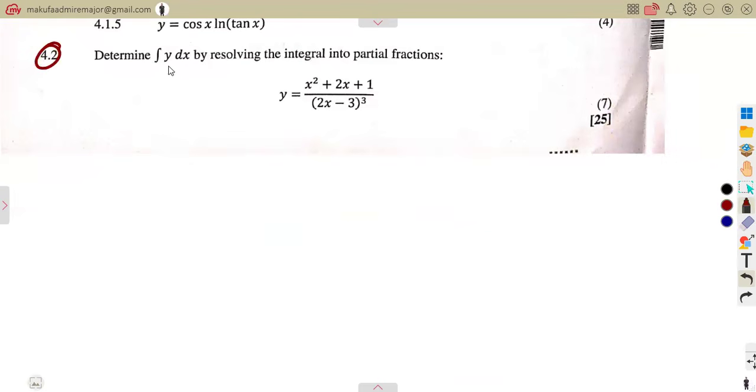All right, 4.2, determine the integral of y with respect to x by resolving the integral into partial fractions. This must be done by resolving into partial fractions. Integral of the whole of this fraction. So what is it that you're supposed to do or apply?